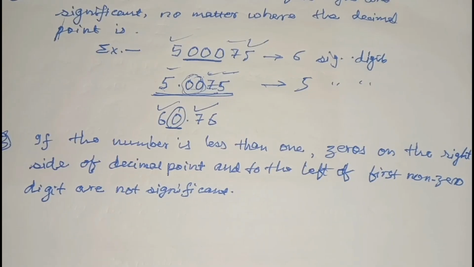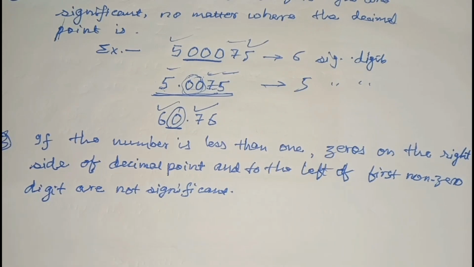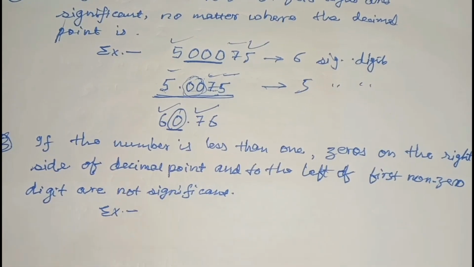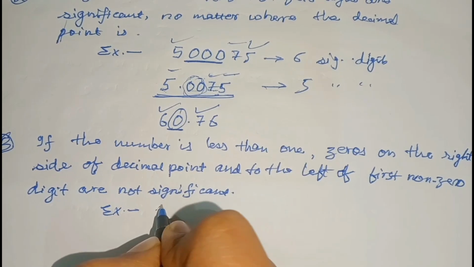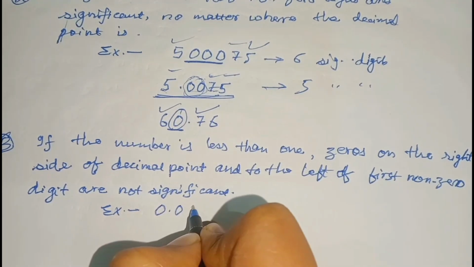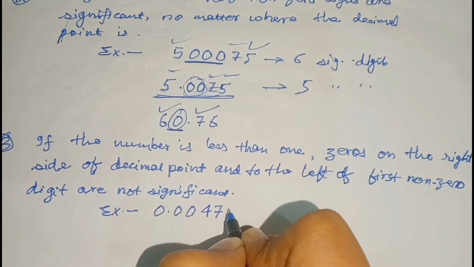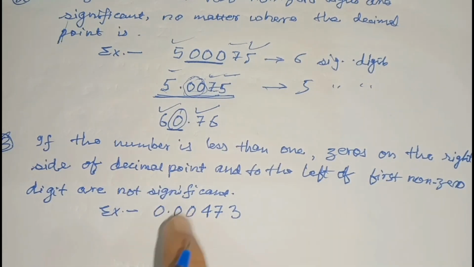Now let's see rule number 3. Rule number 3 says that this rule belongs to numbers less than 1. For example, let us take a number less than 1, 0.00473. Clearly this number is less than 1.